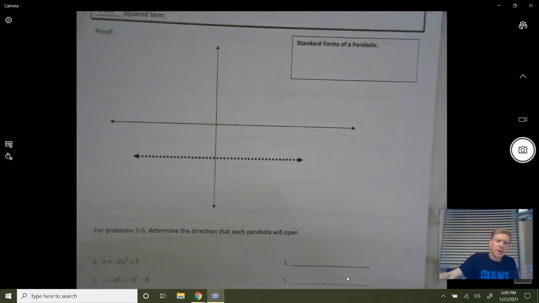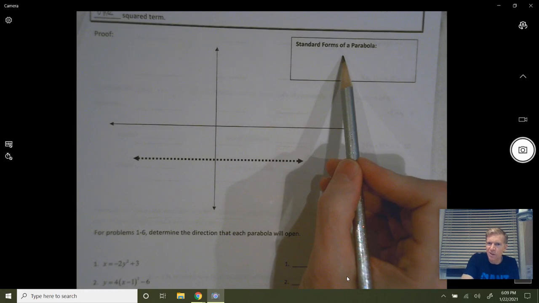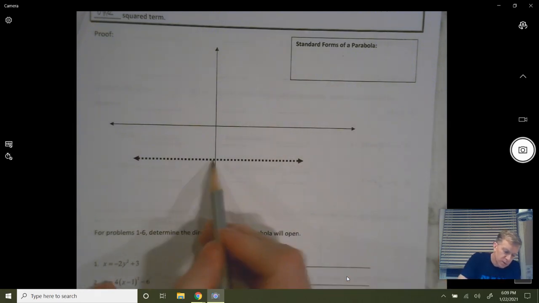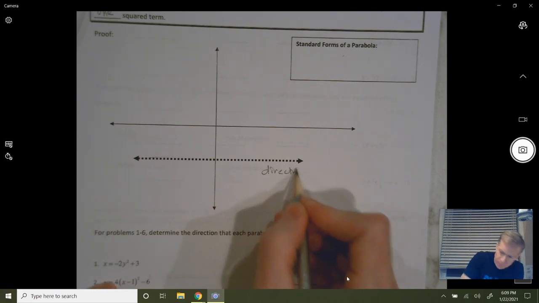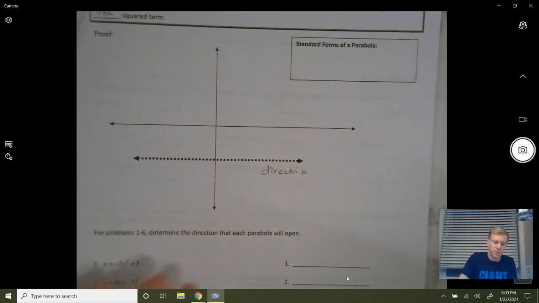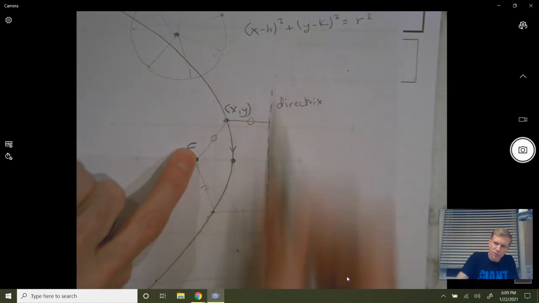Okay, and now we're going to derive the formula. And I know you already know the standard vertex form for a parabola, but we're going to derive it. So here's your fixed line. This is your directrix. And keep in mind, when I drew this one, I drew the point here, and I drew the directrix vertically and to the left.